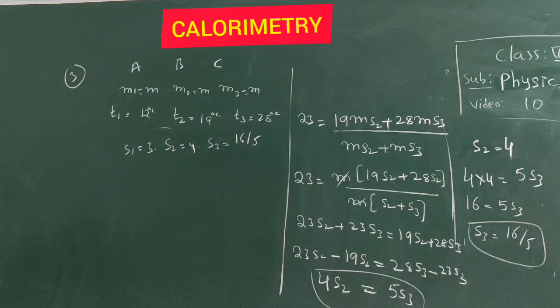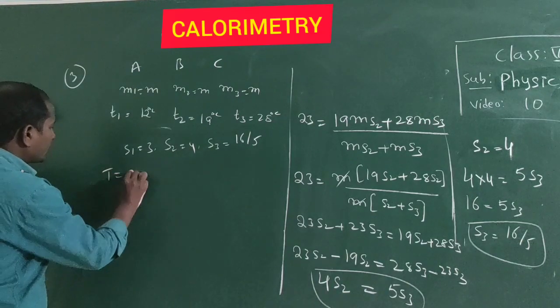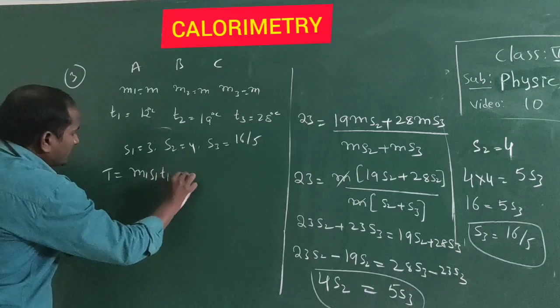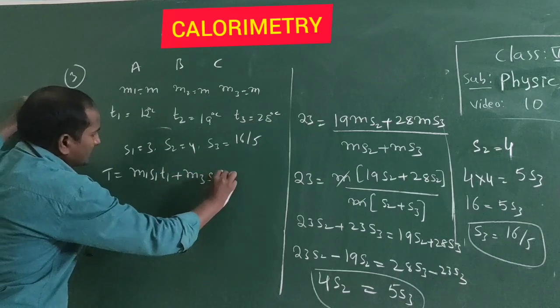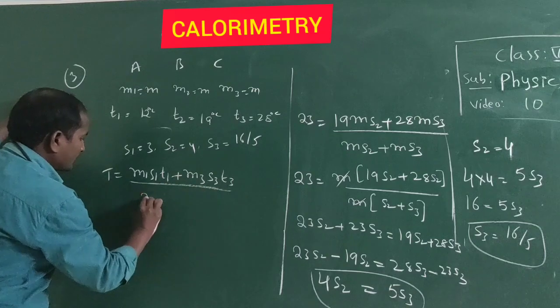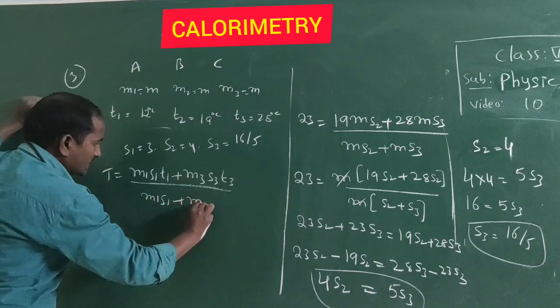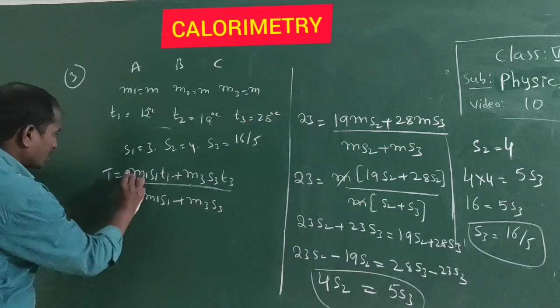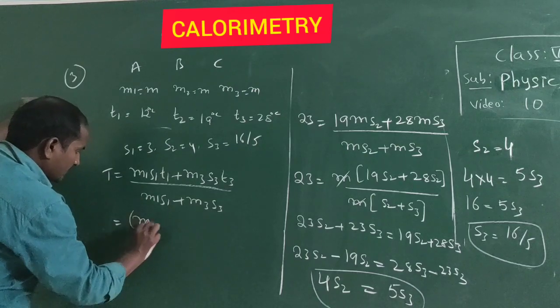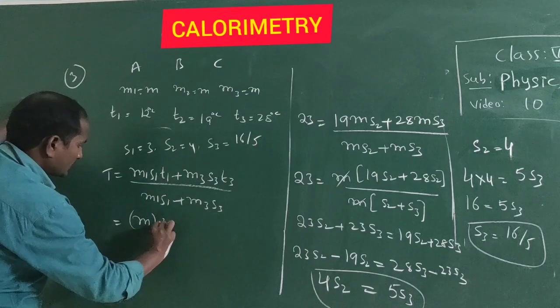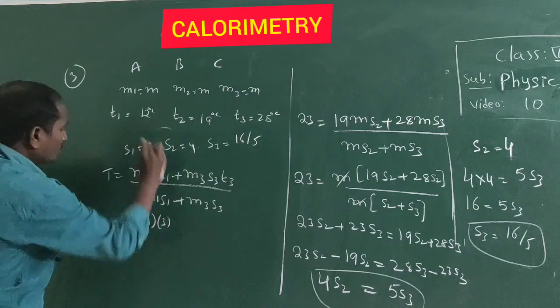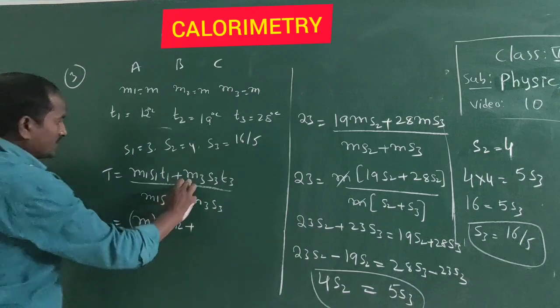So T equal to M1 S1 T1 plus M3 S3 T3 by M1 S1 plus M3 S3. Now M1 equal to M, S1 equal to 3 and T1 equal to 12, plus M3 equal to M.